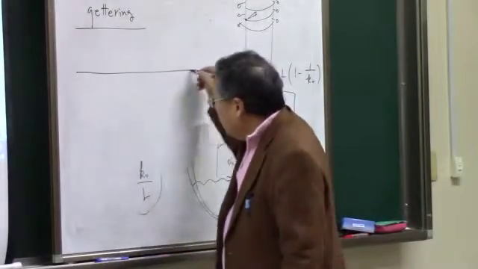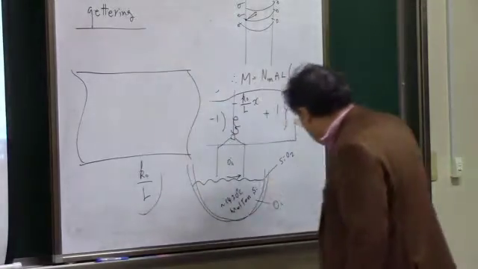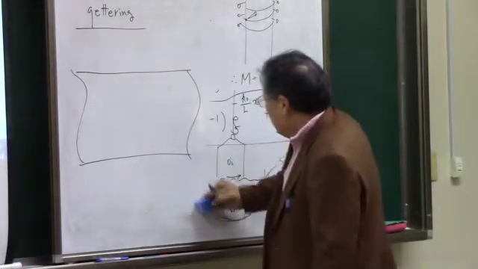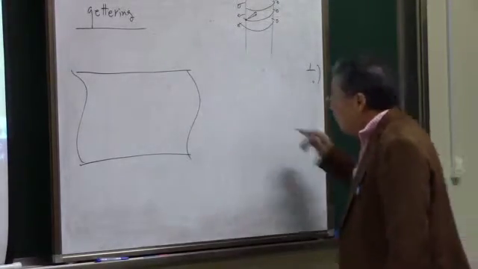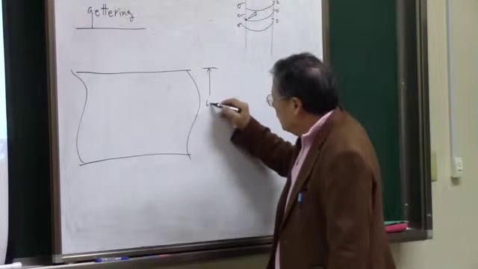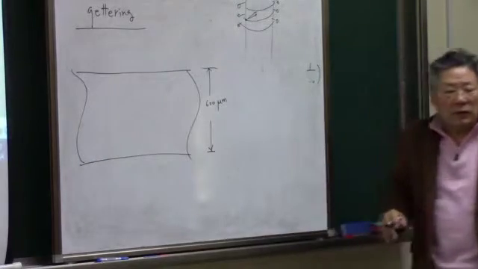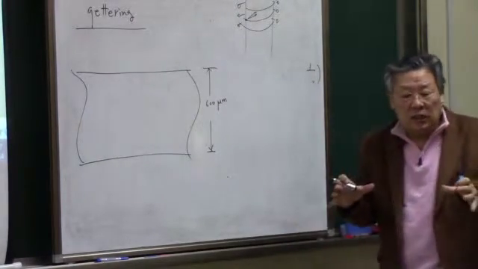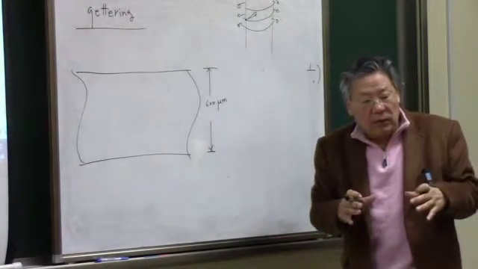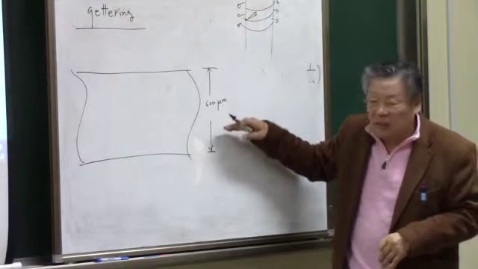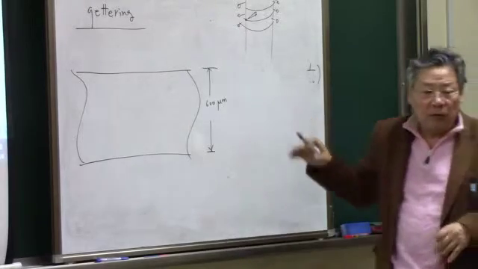When you see the silicon wafer, the thickness of the silicon wafer is typically 600 microns for the 8-inch diameter wafers. Of course, if you make a smaller diameter wafer, you can decrease the thickness, like 200 microns for the 6-inch.